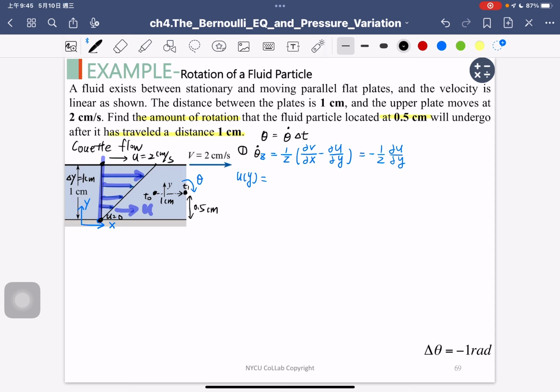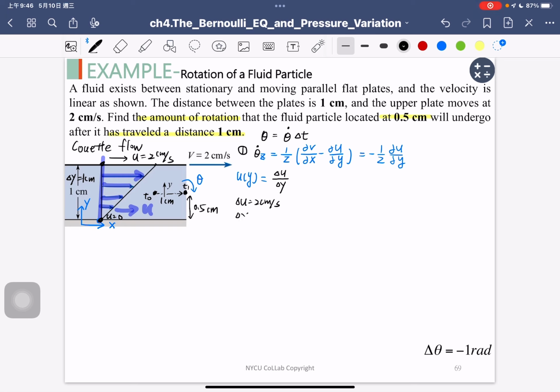So we know the gradient, how delta u changes with delta y, is equal to a delta u of 2 centimeters per second, because the velocity at the bottom is 0.